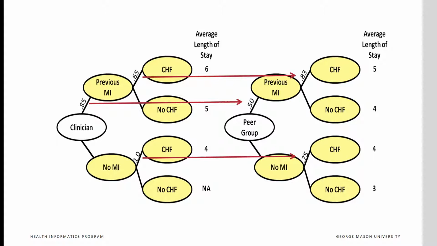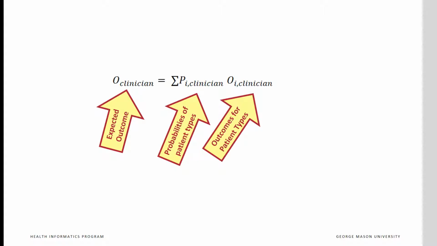Now the peer group sees the same patient at the same frequency of the patient types as the clinician. The expected outcome for the clinician is calculated as the sum of the product of the probability of observing a patient type times the outcome for these patient types.